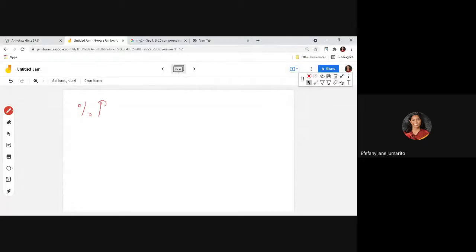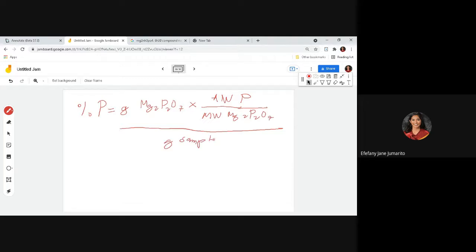So percent phosphorus is just, again, the grams of your precipitate, Mg2P2O7, times the molecular weight of Mg2P2O7, times the atomic weight of phosphorus, times 100, divided by the whole thing, the grams of sample, times 100.